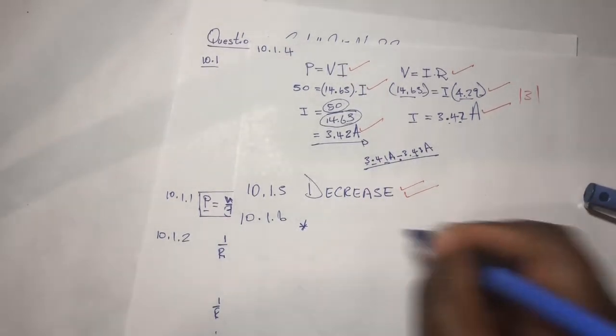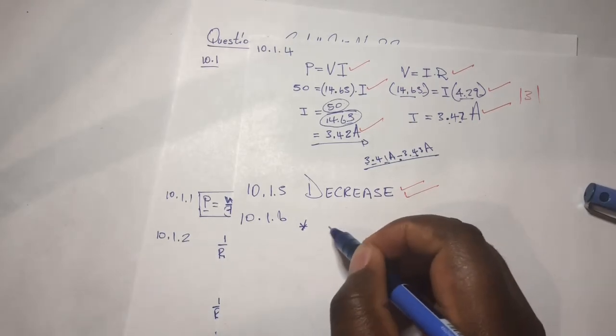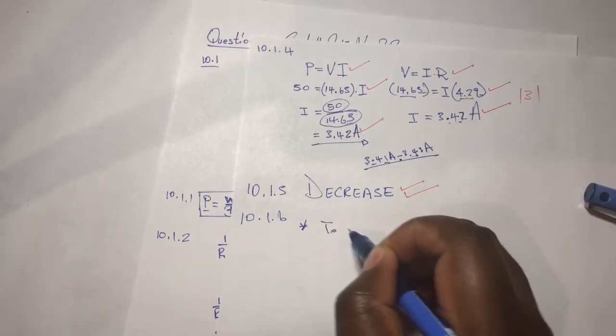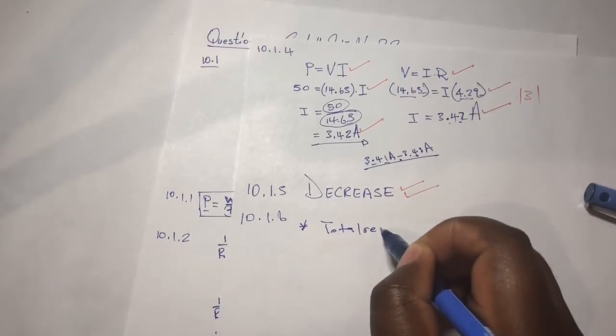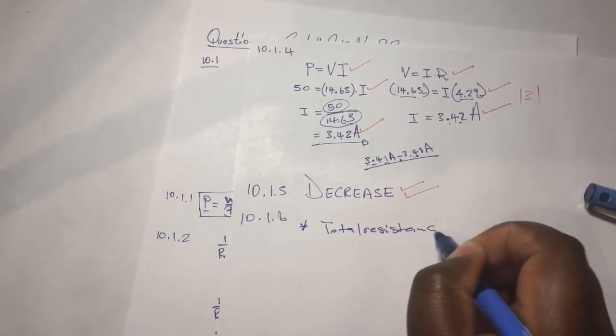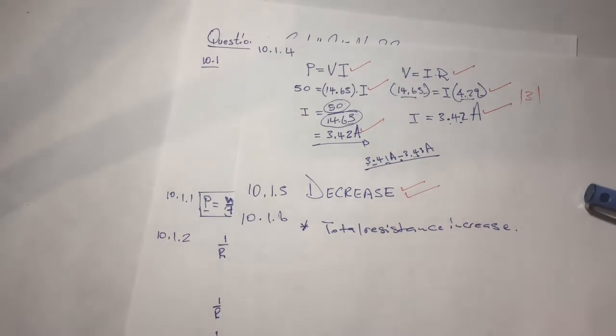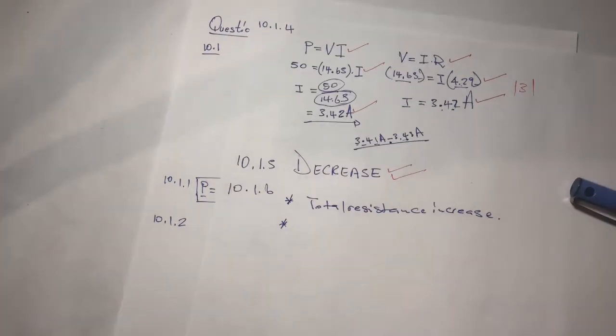It's allocated 3 marks, and the first point is what we know: total resistance of the circuit increases. So you can just say total resistance increases. And then the second point, remember, something happens to the current.